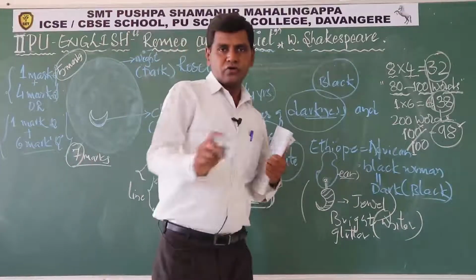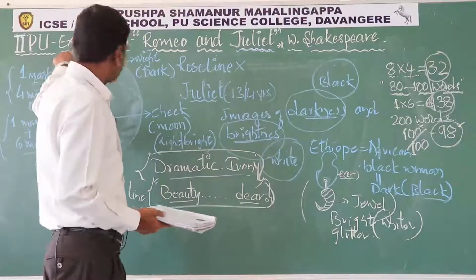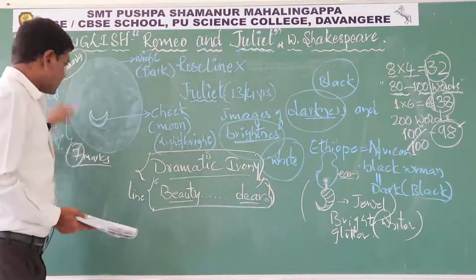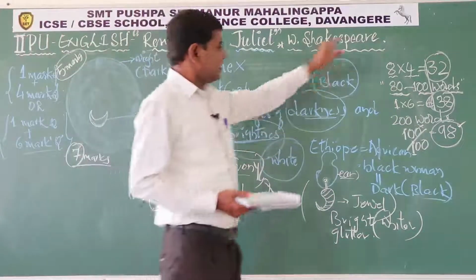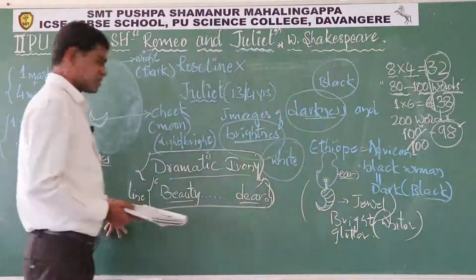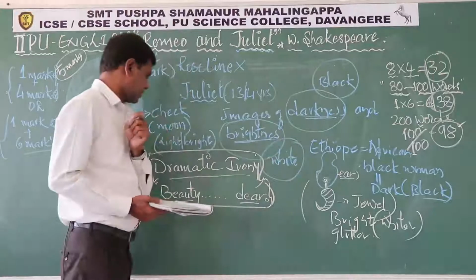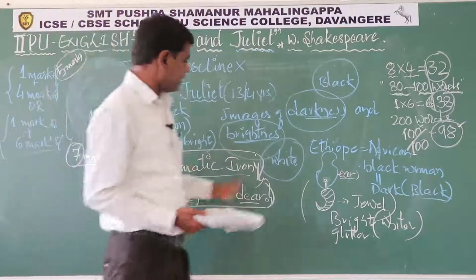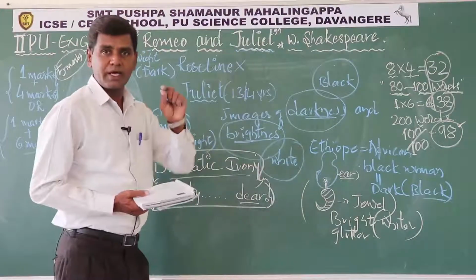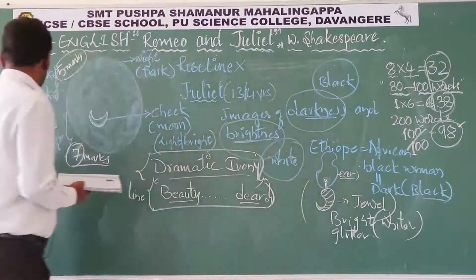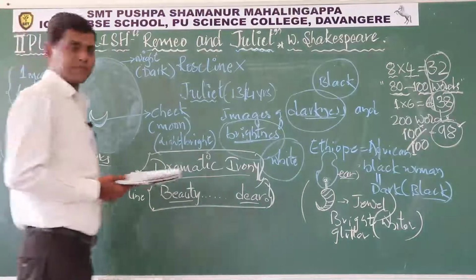Students, I want you to score 5 out of 5, and if it is for 7 marks, 7 out of 7. If you take down all these images and symbols used, listen with 100% concentration, and use all these technical things that I have used in the class, surely a student will score 5 out of 5 or 7 out of 7.